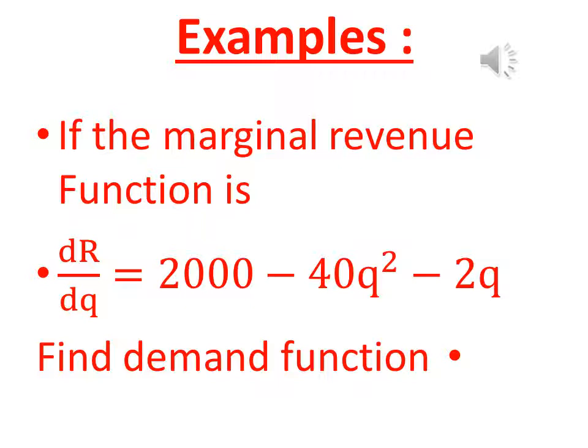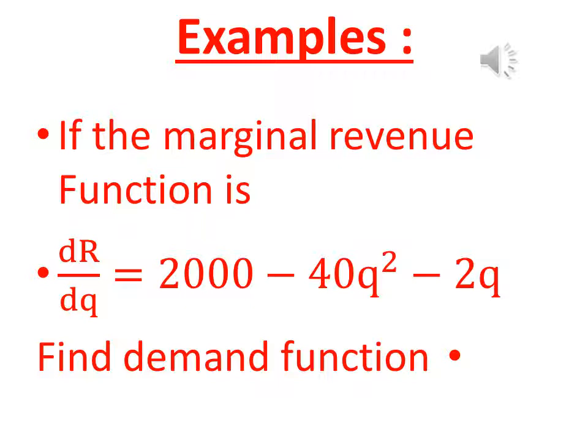So integration of 2000 minus 40 q squared minus 2q dq. We integrate with respect to q. First, integrating 2000 gives 2000q, minus 40 q cubed over 3, minus 2q integrates to minus 2 q squared over 2, plus the constant c.